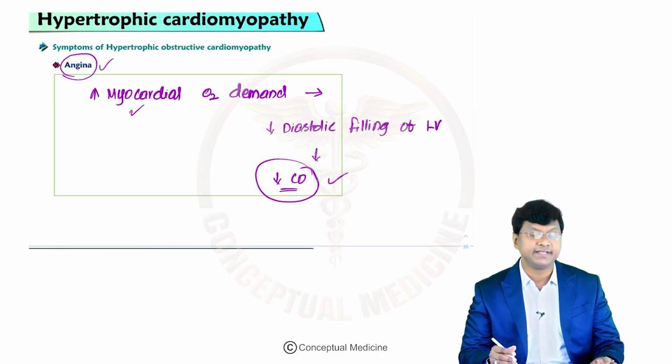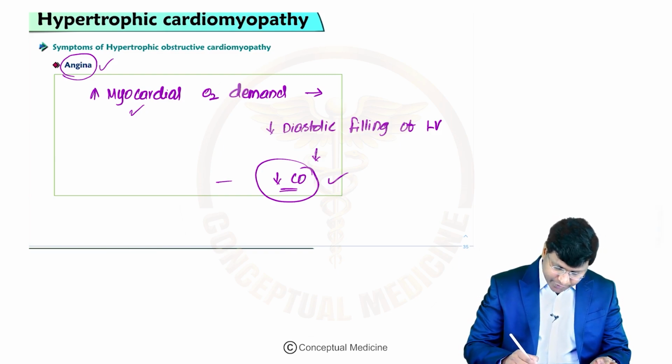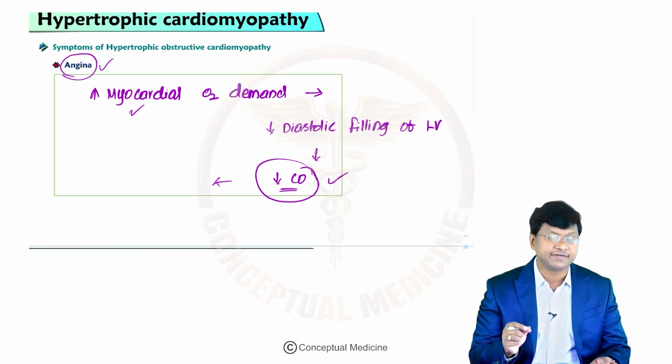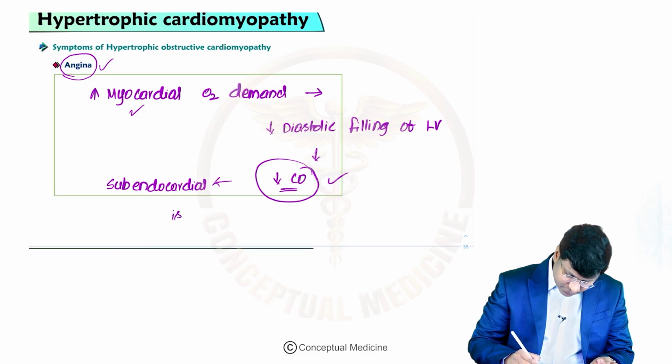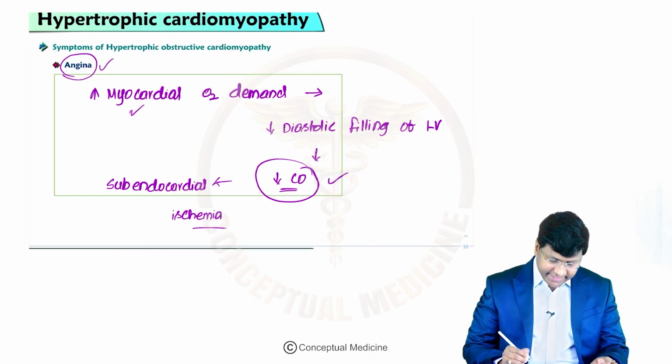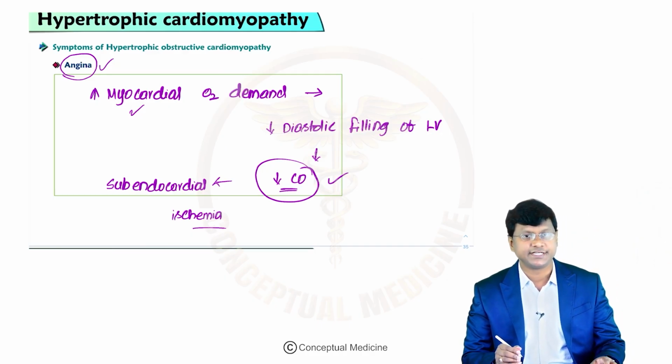Whenever there is decrease in cardiac output, the myocardium will suffer from subendocardial ischemia, and because of this subendocardial ischemia, the individual will suffer with angina.